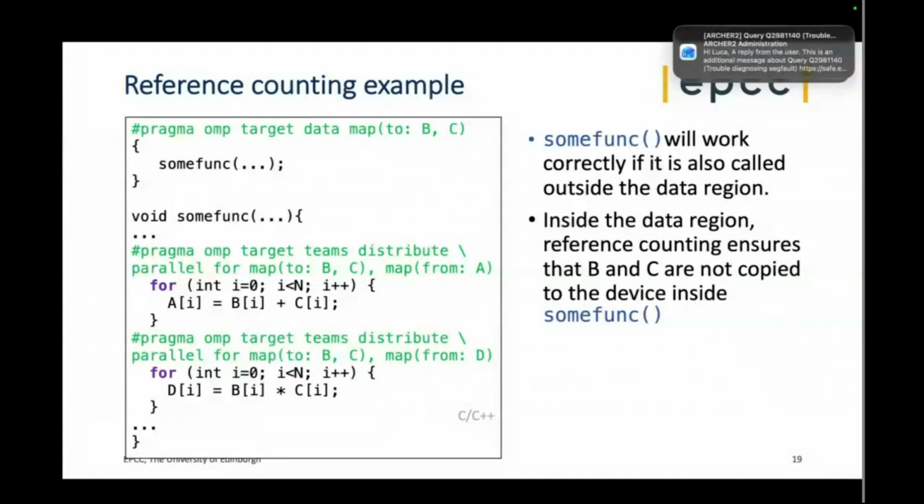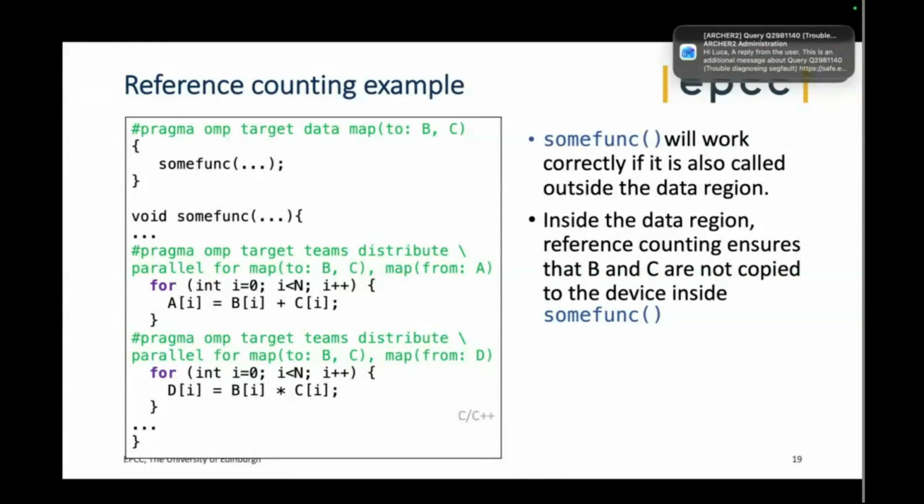That's because we don't know where this function is called from. It could be called from inside that region, it could be from outside the region, and we want to make sure it always works.